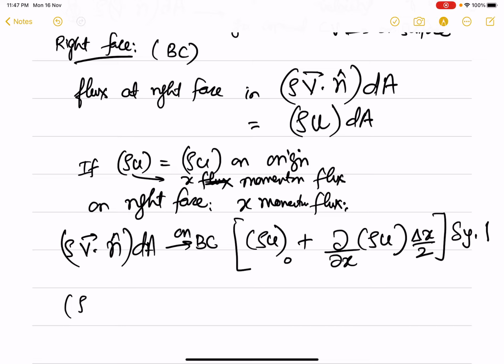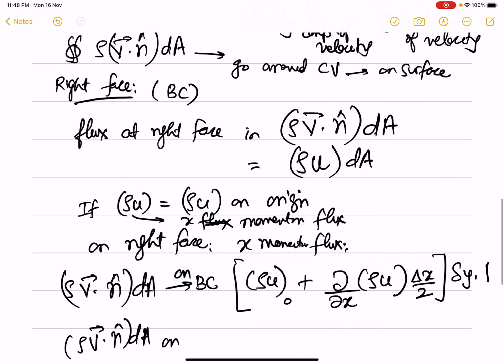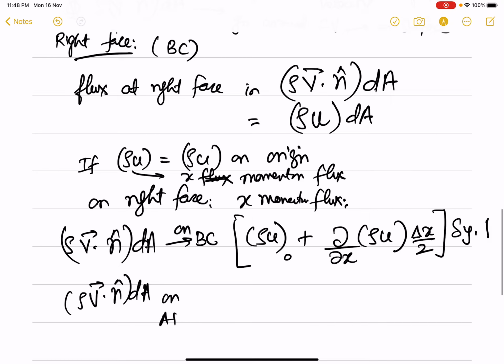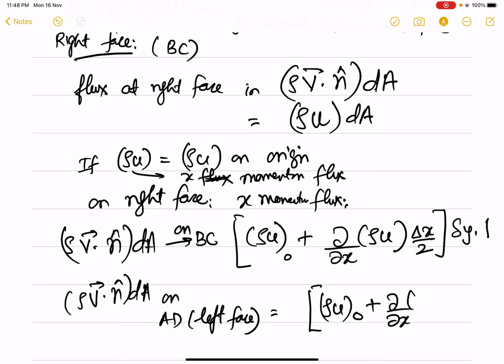Now rho v dot n dA on the surface AD, which is the left face, will be equal to rho u at 0 plus d by dx of rho u multiplied by minus delta x by 2, times delta y times 1.